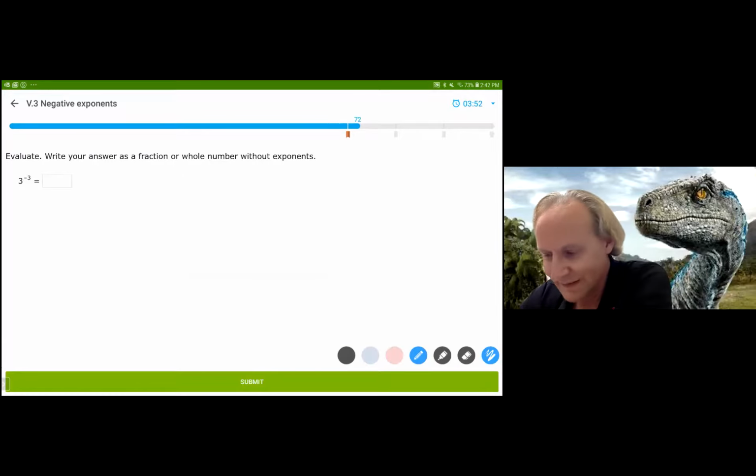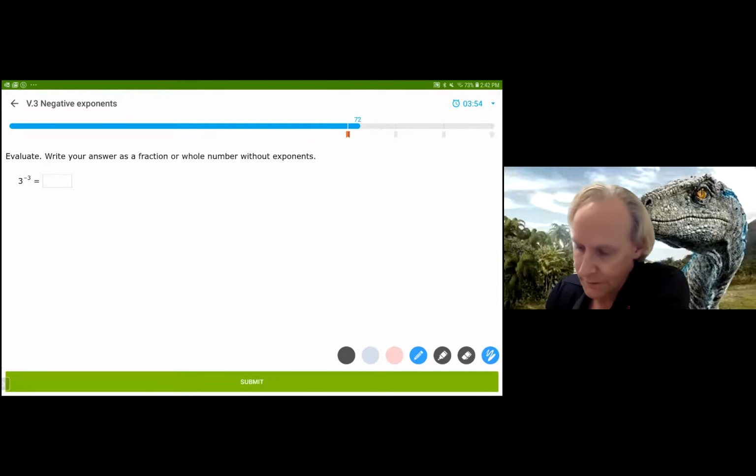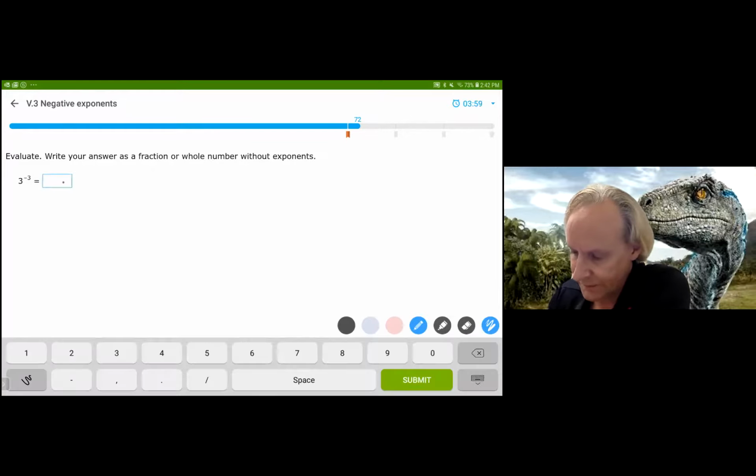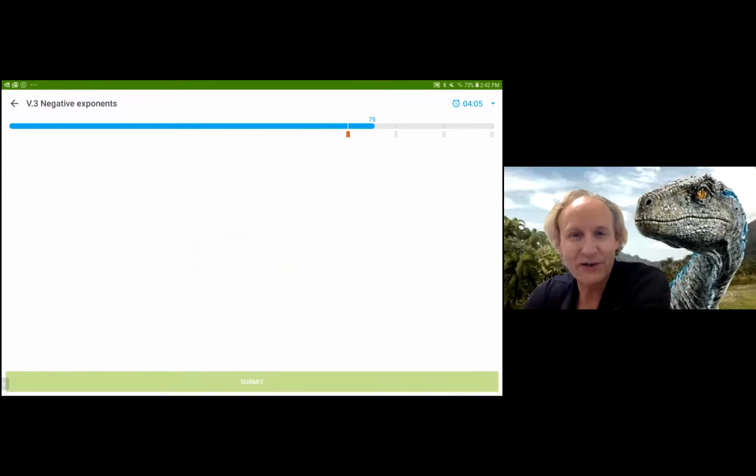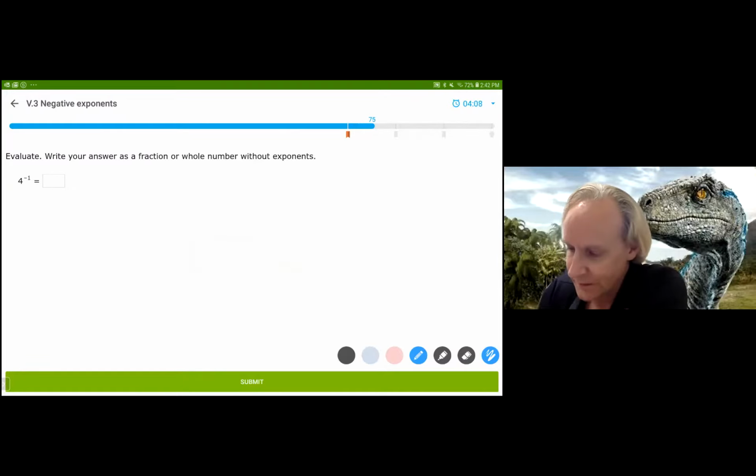Sorry, carry your 2. Anyway, okay, so it looks like we have 3 to the negative 3. 3 to the 3rd is 27, so it's 1 over 27. Need to know your exponents. If you haven't seen the earlier ones, always good to memorize those. That's 1/4.